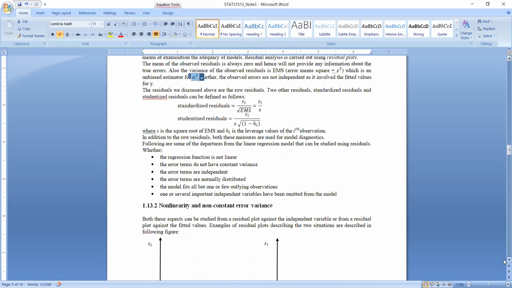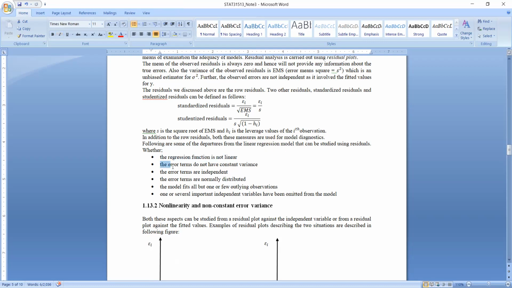now when you take the residual analysis, by calculating the standardized residuals and the studentized residuals, what we are going to find out is we are going to check the accuracy of our fitted model. So these are the things that we are going to find. We are going to find whether the regression function is not linear, because we want to have a linear function.